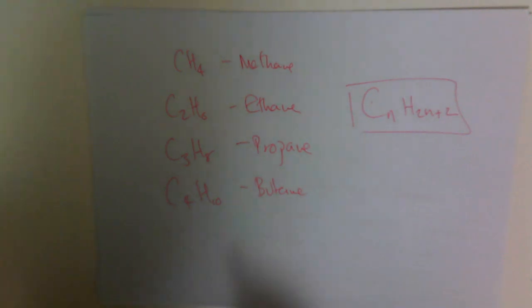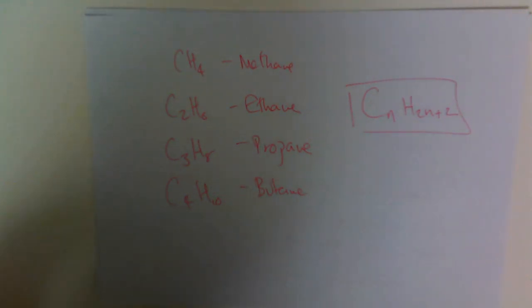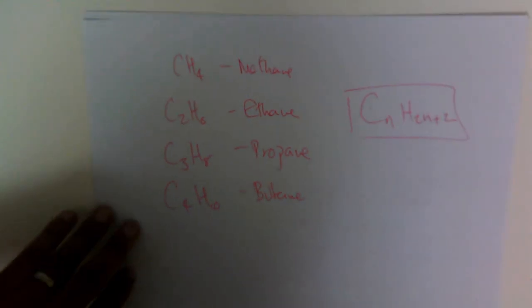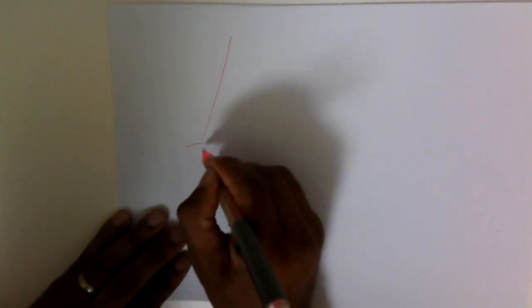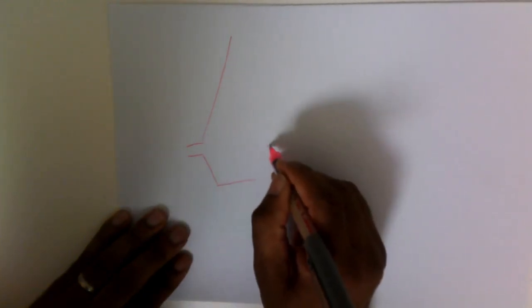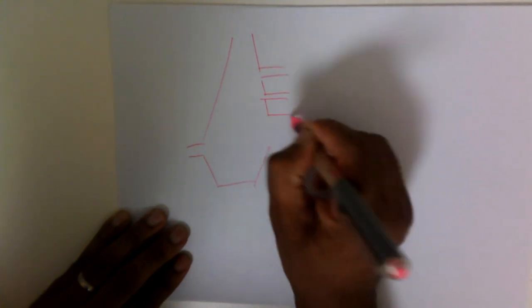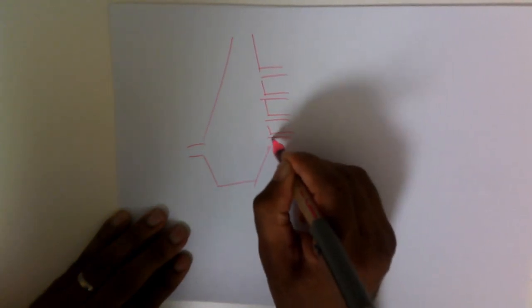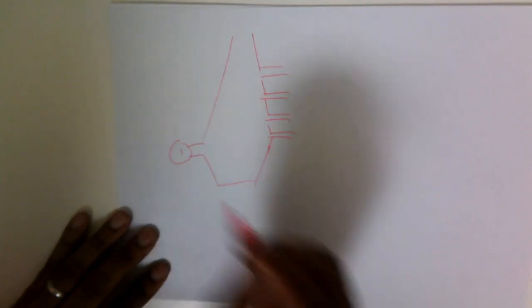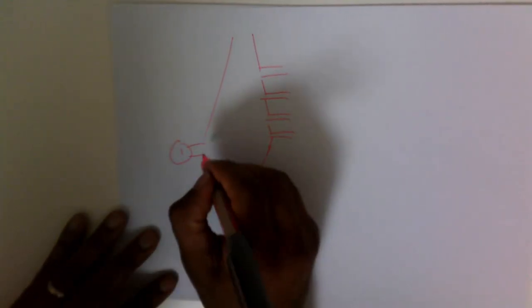Right, I'm going to quickly go through crude oil and fractional distillation. I won't necessarily write it all down. Remember, fractional distillation, usually it's something like this, where you've got different fractions coming off. What happens here is crude oil is vaporized, it goes in here.